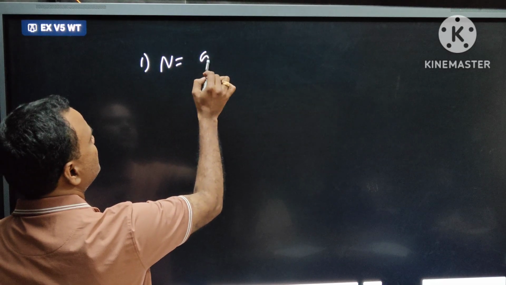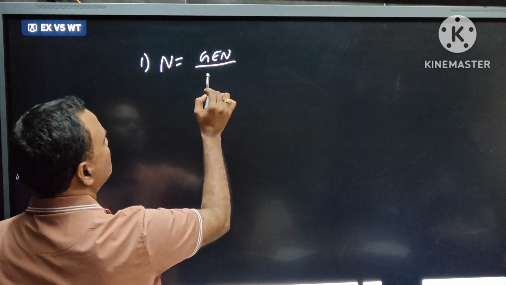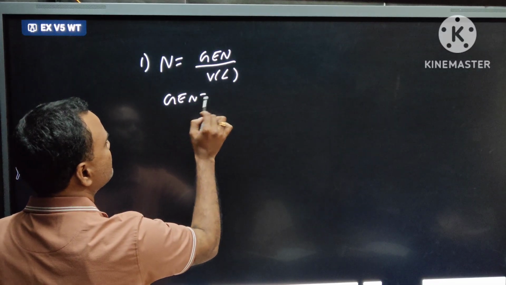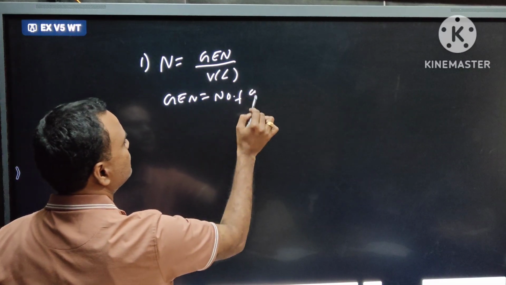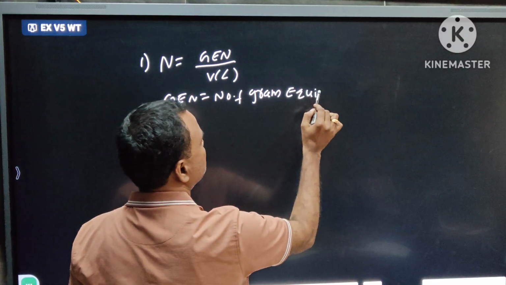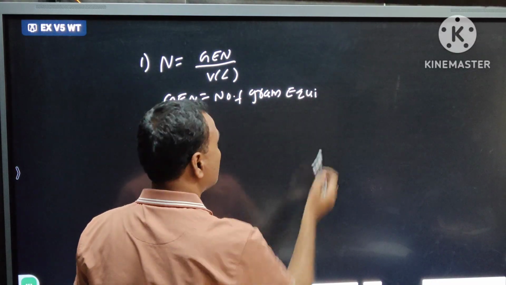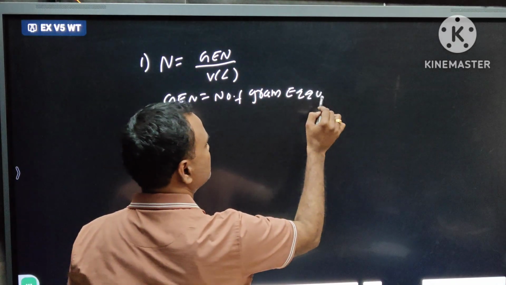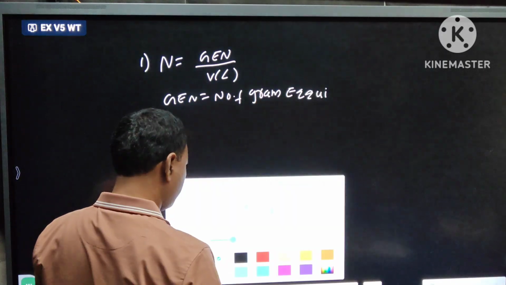Normality is equal to GEN by volume in liter. What is GEN? GEN stands for number of gram equivalents.